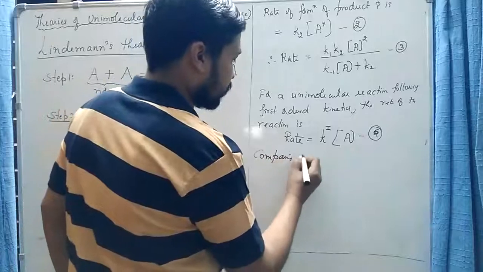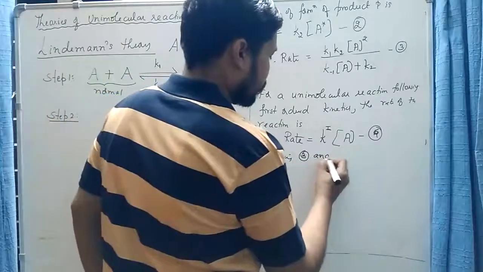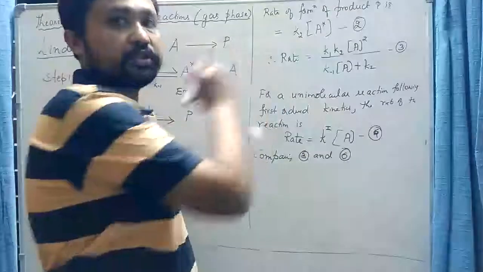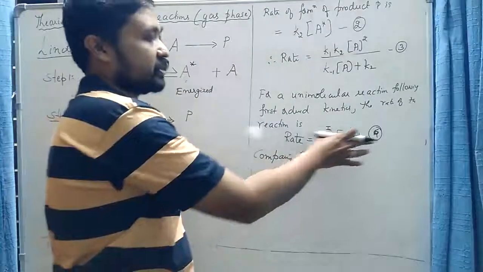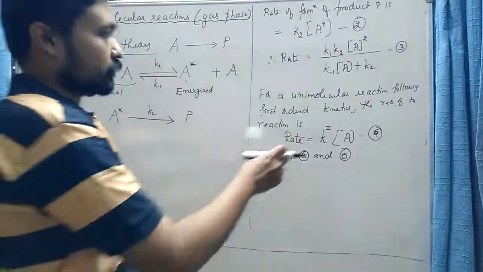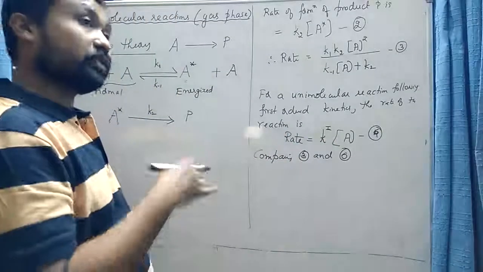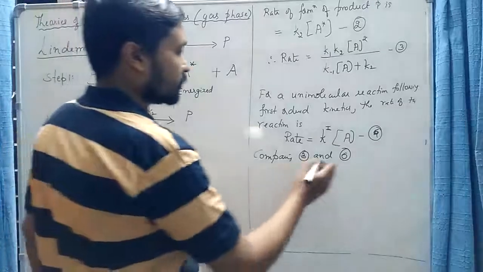Comparing equation 3 and equation 6. This equation 3 is due to Lindemann, equation 6 is due to Perrin, according to which this is a first order rate constant, which is a constant according to him. So let us compare.